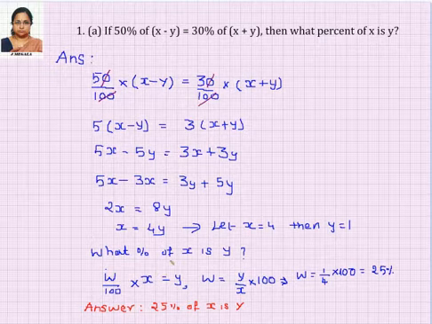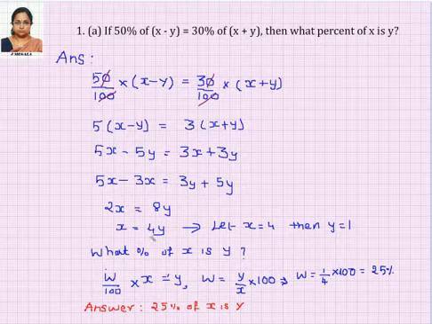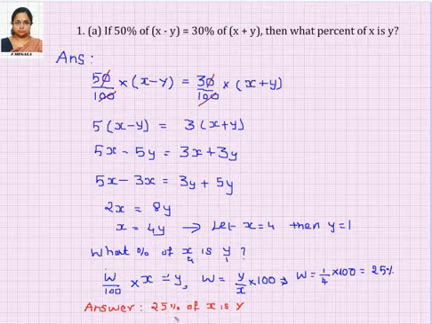So replace the values. Let me write down here: what percentage of x is y. x we have taken as 4, y is 1. Just replace the values 4 and 1.